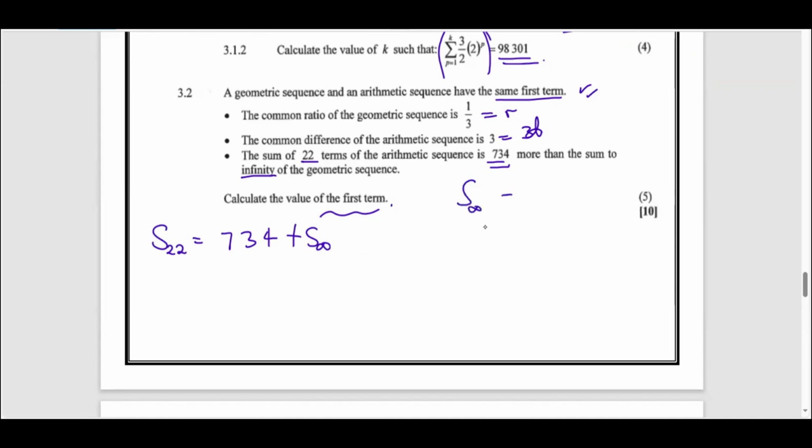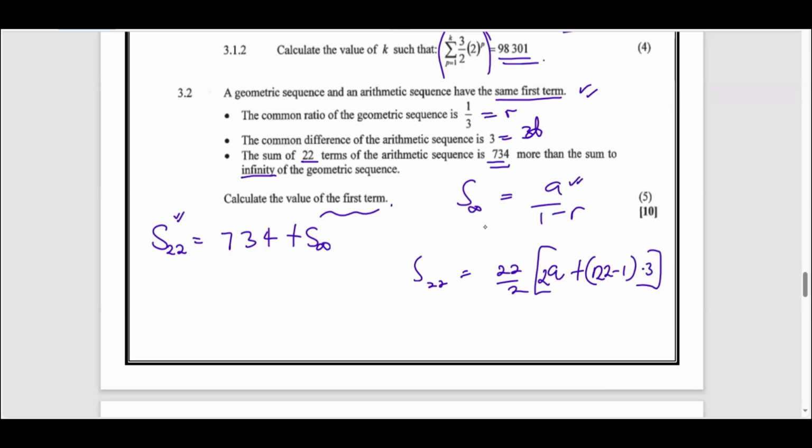We know the sum to infinity is a over 1 minus r. We know the common ratio, but we don't know the first term. We also know that the sum of the first 22 is 22 over 2 into twice a plus n minus 1 into d. That's 22 minus 1 multiplied by the common difference, which is 3.